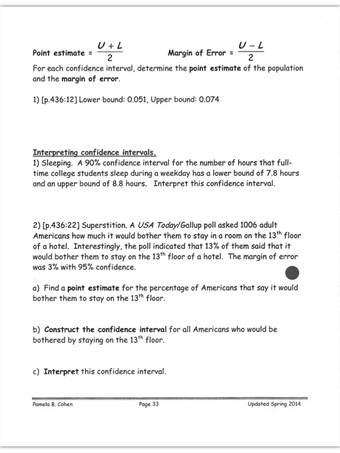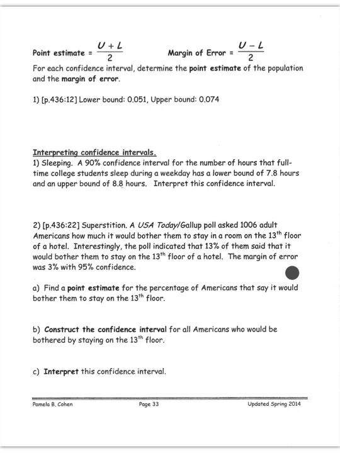This is about superstition, and it comes from a USA Today Gallup poll. They asked 1,006 Americans how much it would bother them to stay in a room on the 13th floor of a hotel. So interestingly, the poll indicated that 13% of them said that it would bother them to stay on the 13th floor of a hotel. And the margin of error was 3% with 95% confidence.